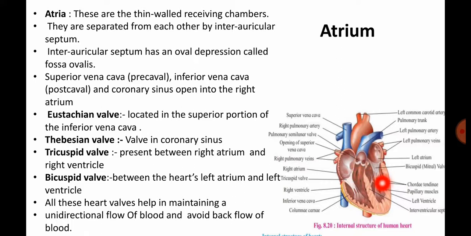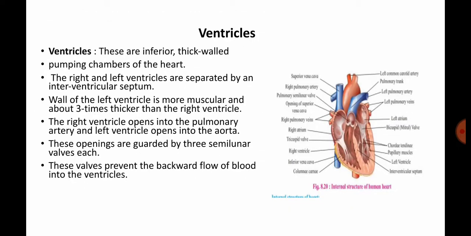And from the left lung, from the left side of the auricles, the oxygenated blood enters into the left ventricle. From the left ventricle it is passed with the help of the aorta to all the parts of the body. There are also valves present, and those valves are also semilunar valves.